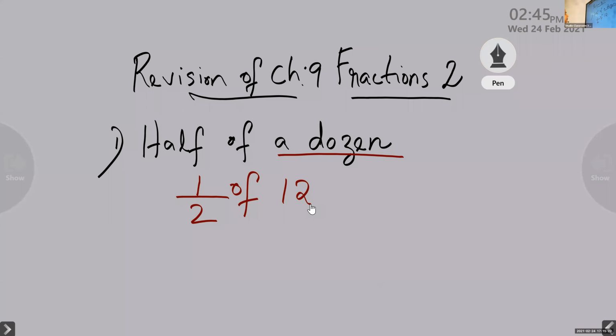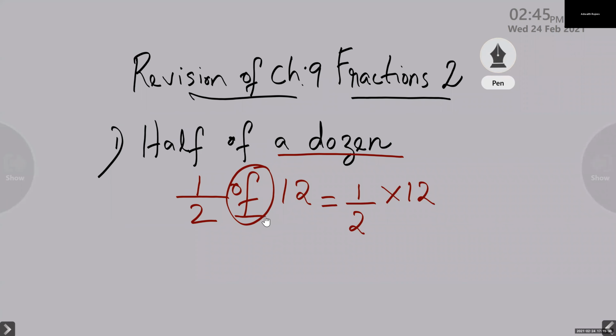So instead of "of" we will write multiply: half multiplied by 12. So 1 into 12 is 12, divided by 2. What's the answer?